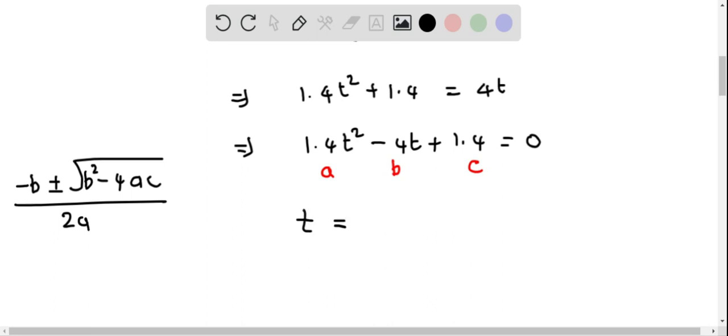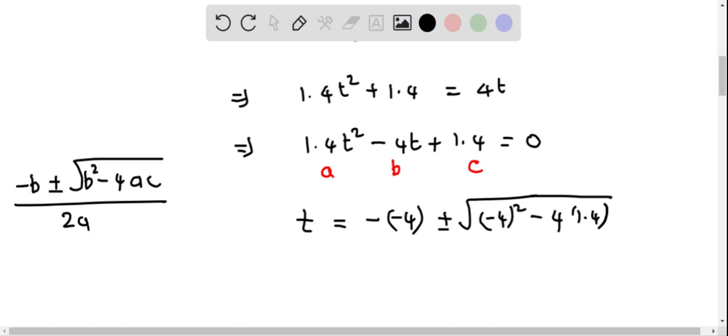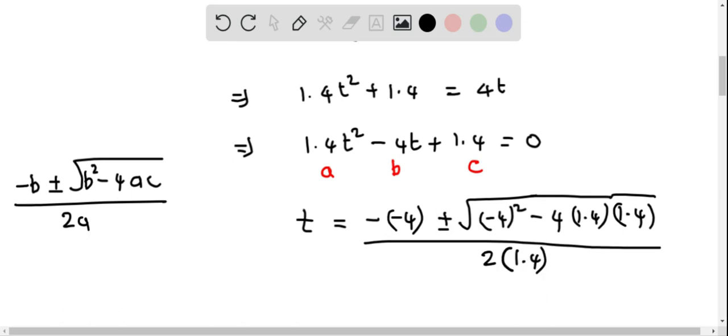So t equals negative b, the b is negative 4, so it is negative of negative 4 plus or minus square root of b squared, which is negative 4 quantity squared, minus 4 times a, which is 1.4, and c is 1.4, over 2a, which is 2 times 1.4.